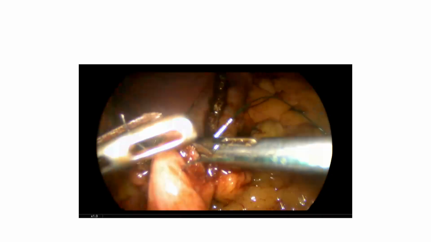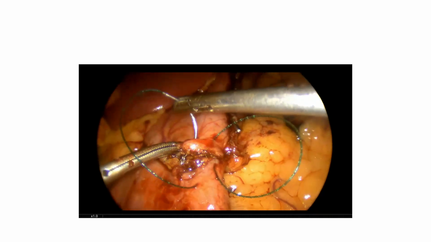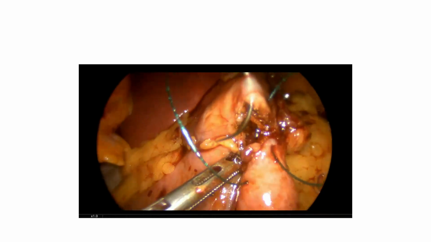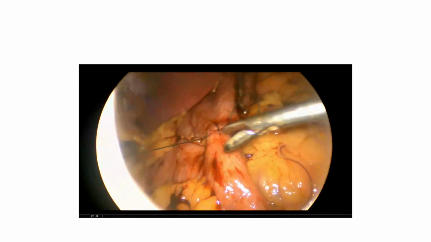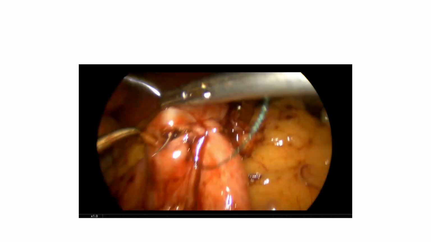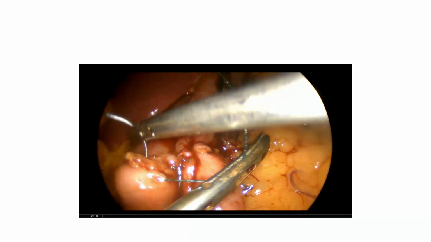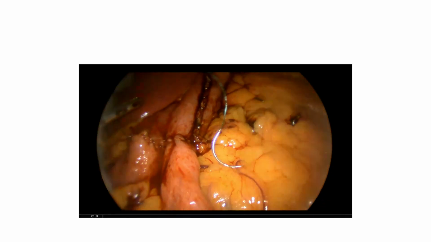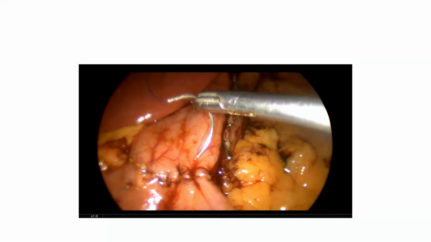And after that, we add a second layer of interrupted 3/0 sutures. And here is the second layer.